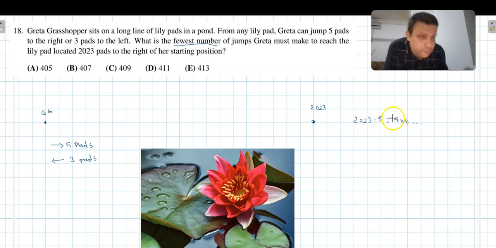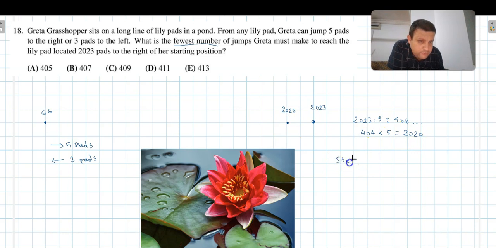When we multiply 404 by 5, it's going to be 2020. So it's getting close to here.